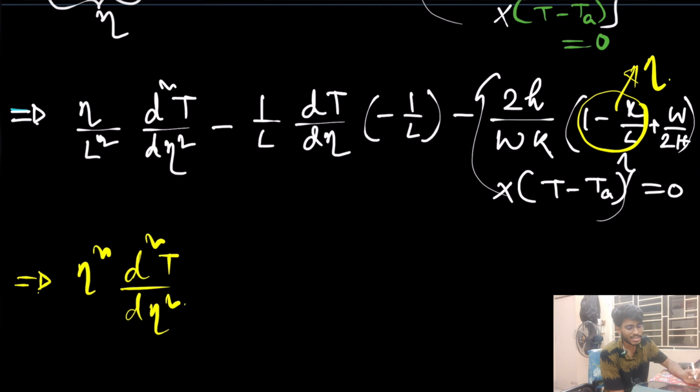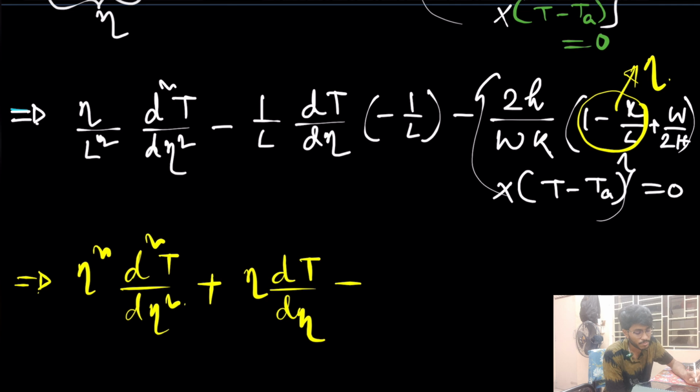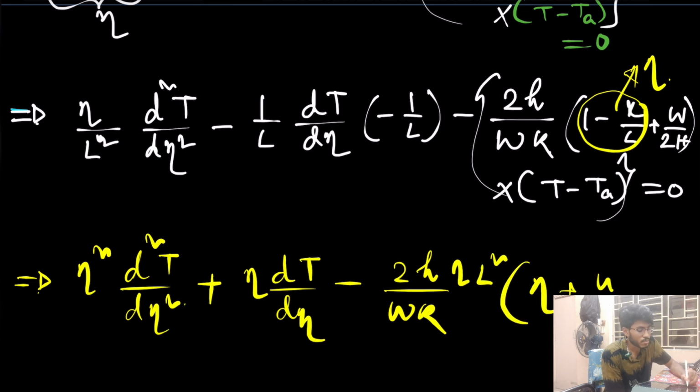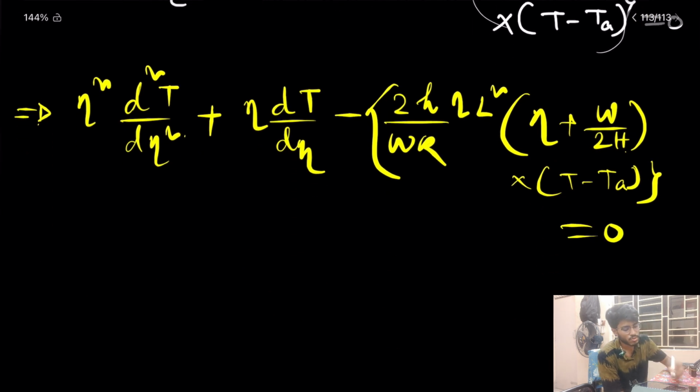Okay, I am multiplying the whole equation by eta L square. So that becomes eta, this one minus, so 2h by wk into eta into L square, right, into eta plus w by 2h, clear, into t minus ta, everything in a single term, that is equal to 0.